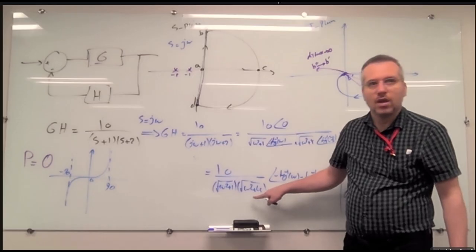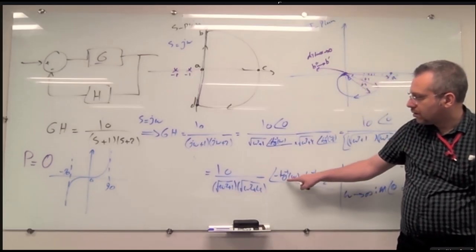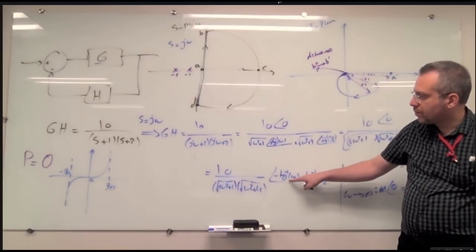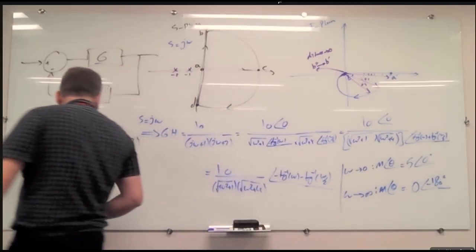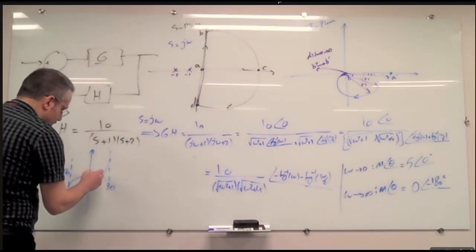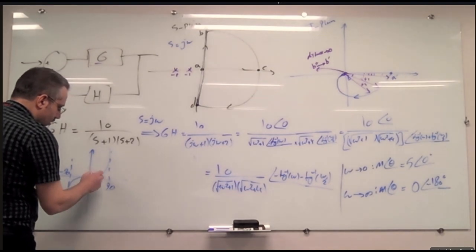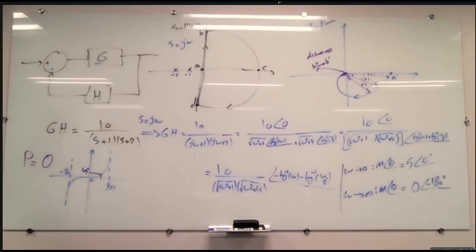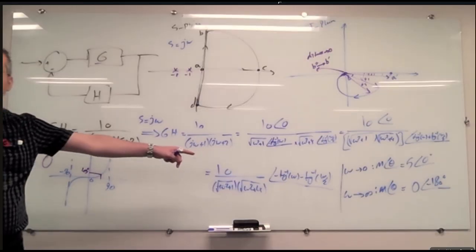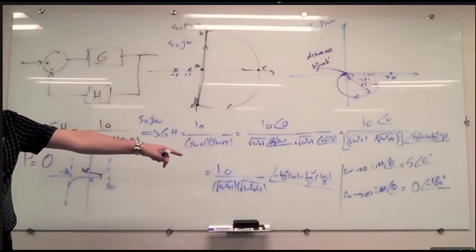Okay? And the tangent is going to be, this is 1, so its tangent of the 1 is going to be 45 degree, and the tangent of 1 over 2 is going to be 60 degree.